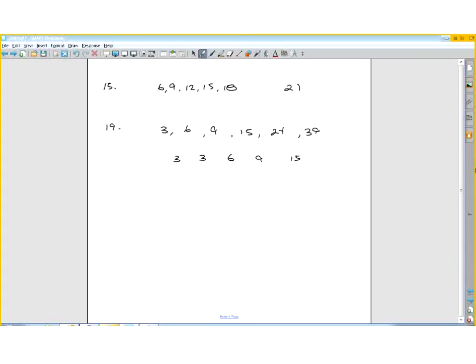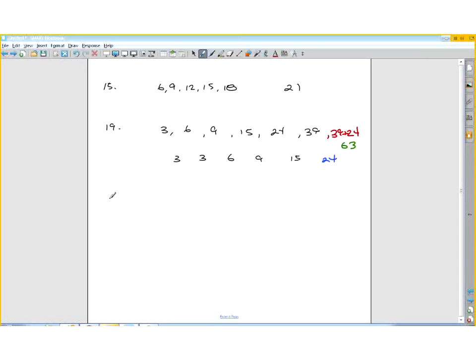So we induce that the next difference would be 15 plus 9 is 24. And therefore, the next number here is going to be 39 plus 24, which is 63. Okay, so that's how that one works.